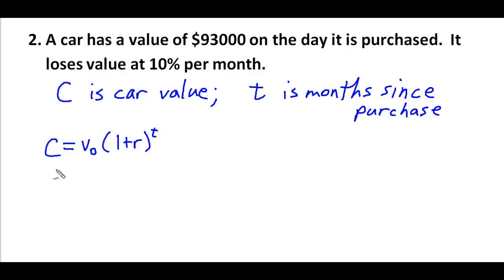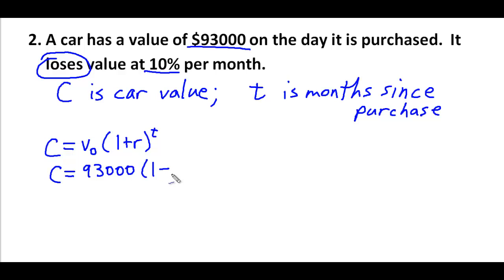Well, in this case, C equals the initial value, 93,000, times 1 + r. Well, in this case, it loses value at 10% per month. So r is going to be negative 0.10, or just 0.1, to the power of t. And so our model becomes C = 93,000 times 0.9 to the power of t.